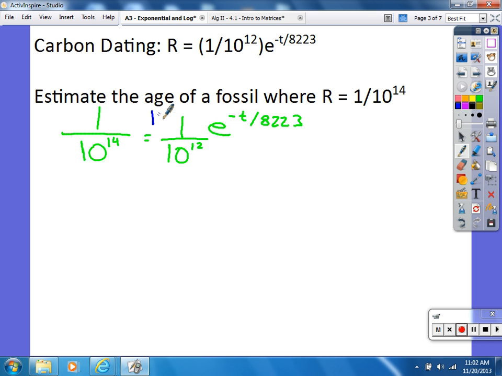If I multiply this by 10 to the 12th and I multiply this by 10 to the 12th, what happens to the 1 over 10 to the 12th and the 10 to the 12th? They cancel, right? So I'm left with e to the negative t divided by 8,223. I just rewrote the other crazy stuff.